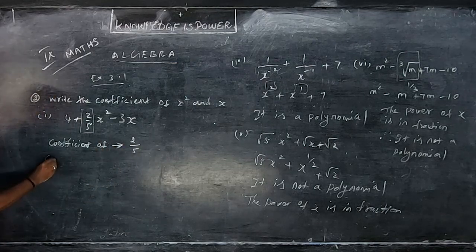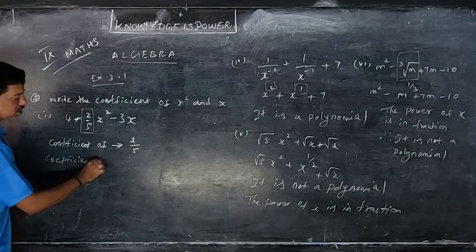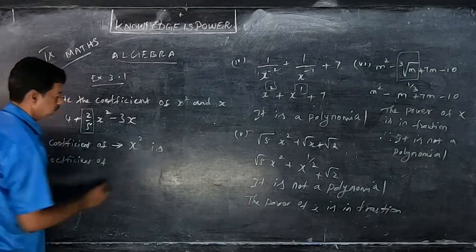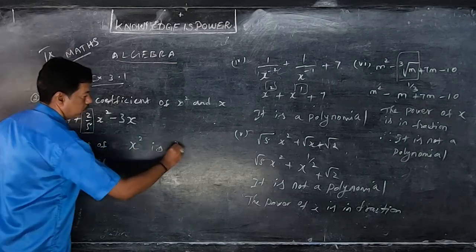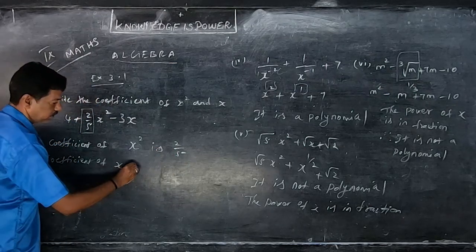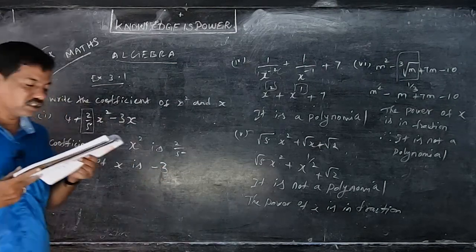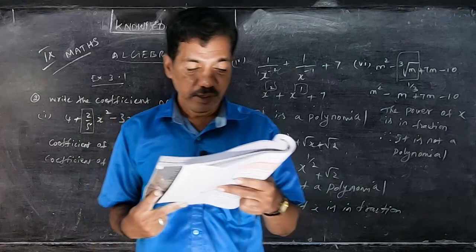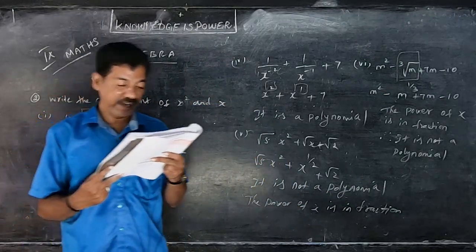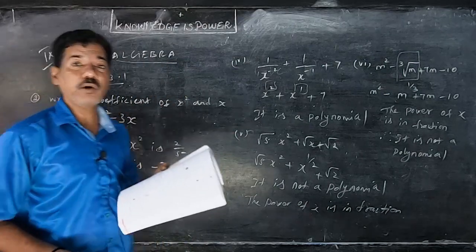Then the coefficient of x is minus 3. So this is the way you have to write the coefficient of x square and coefficient of x. The second one I'll do, the third and other sums will be homework for you.